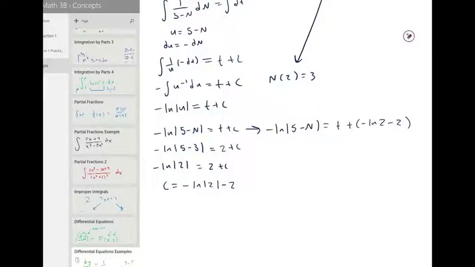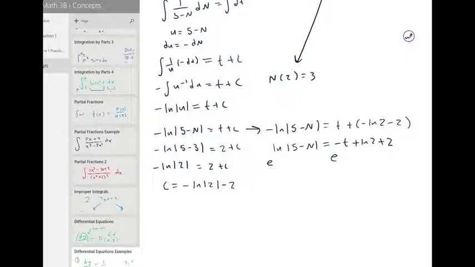Let's multiply both sides by negative 1. And we'll get ln absolute value of 5 minus n equals negative t plus ln 2 plus 2. We exponentiate both sides.